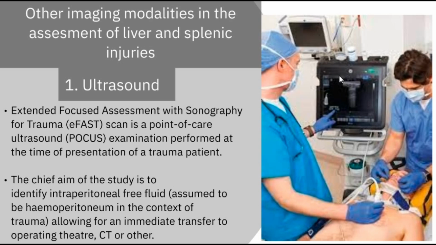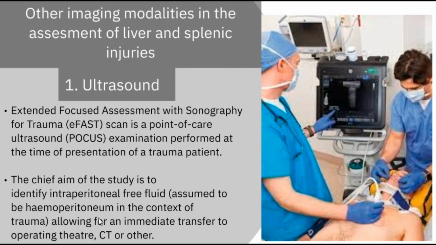Of course, not all patients are hemodynamically stable, or not in all settings are ultrasound and contrast-enhanced CT scan accessible. So ultrasound has a major role in detecting splenic and liver injuries. And we have the FAST scan, whose aim, specifically in trauma settings, is to identify if there is any intraperitoneal free fluid, because this would imply that there is underlying solid organ injury.